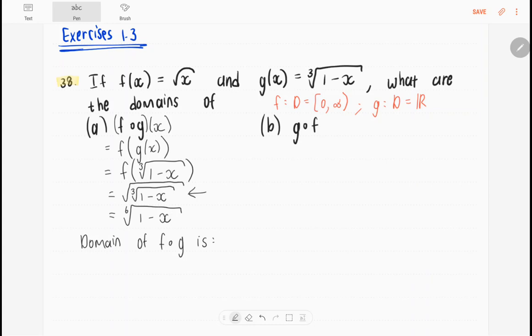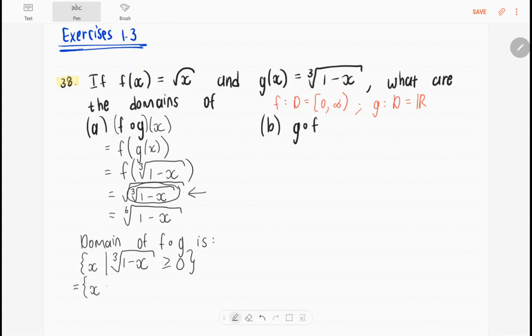Therefore, this cube root is going to have to give us a positive answer. So we know that the domain of f's composition with g is all x, given that the cube root of 1 minus x is greater than or equal to 0.